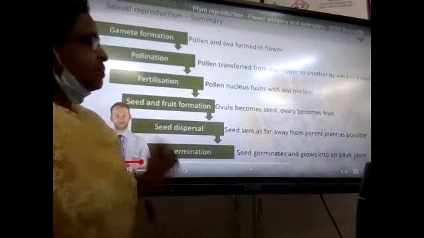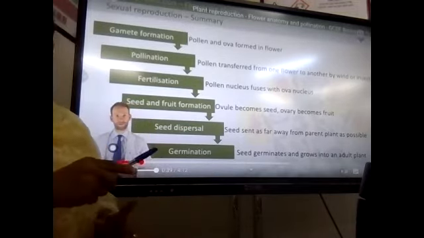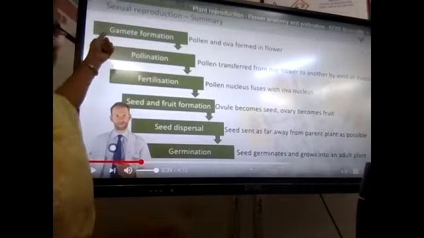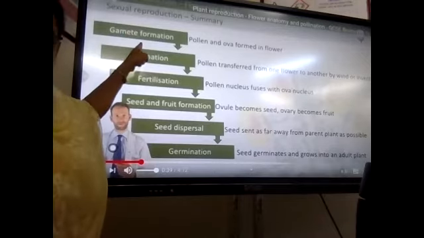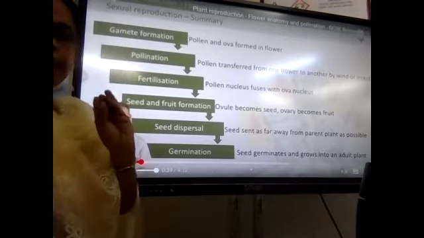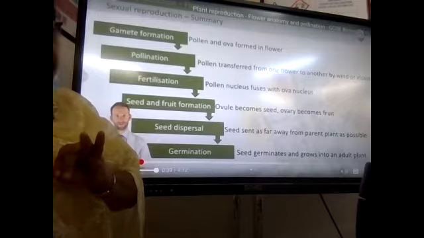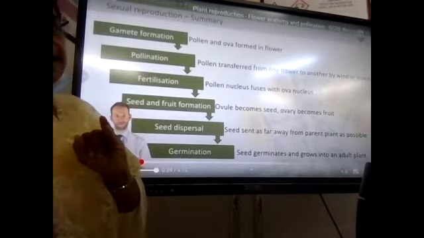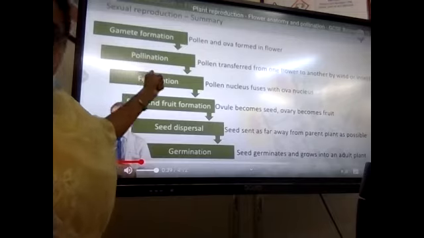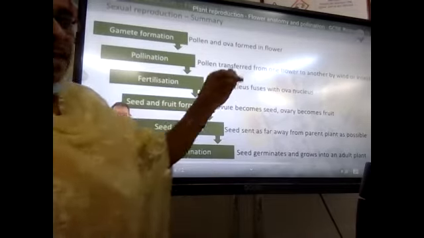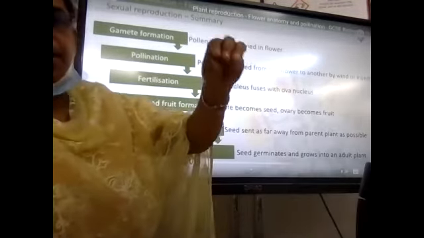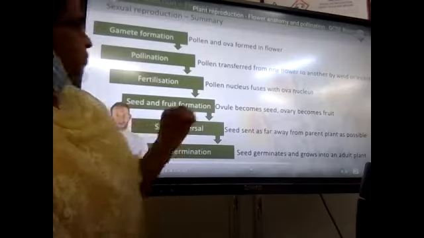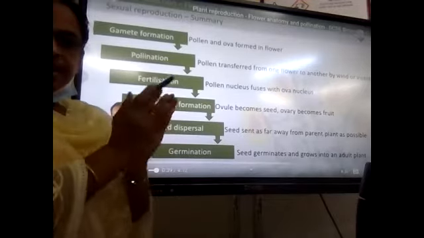Okay, so how many steps are there? It's like a cycle. Gamete formation, that is formation of pollen and ovule. Ovule means the egg cell. Pollen is the male sex cell. Then next is pollination. That means the pollen has to transfer to the female reproductive organ. Then next is fertilization.